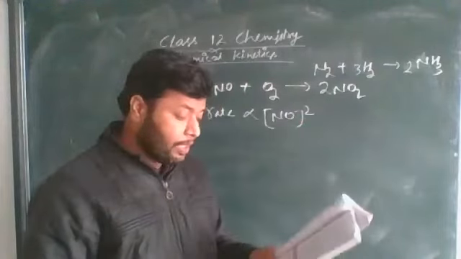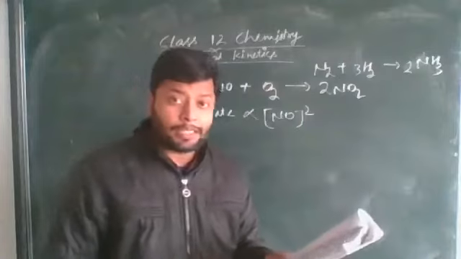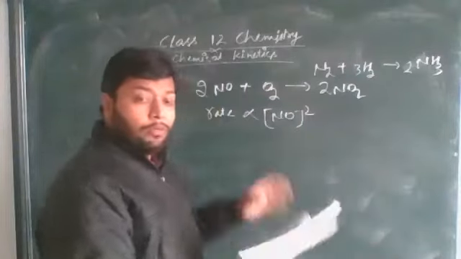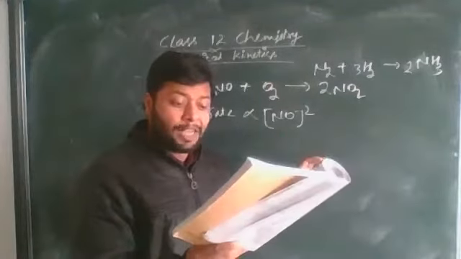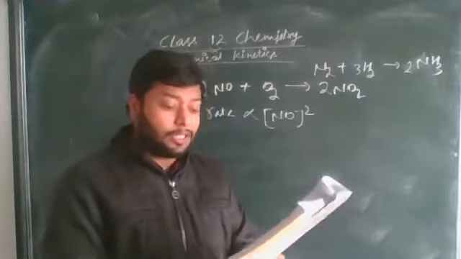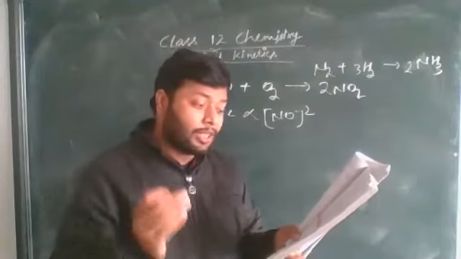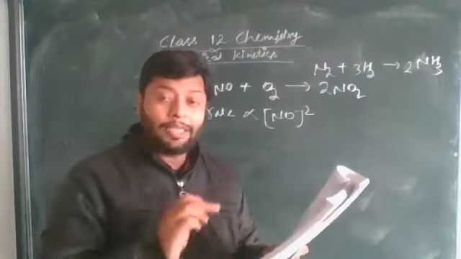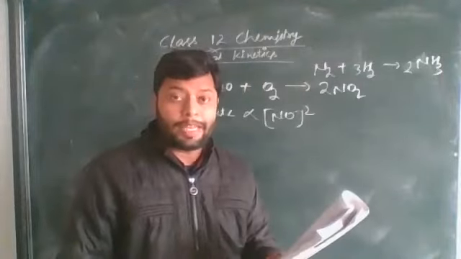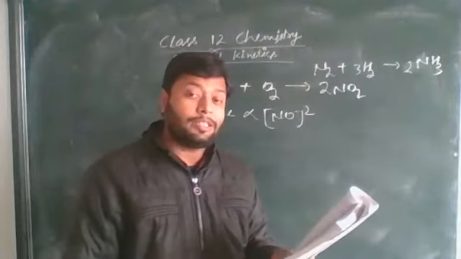Okay, next one. When the concentration of NO is constant, in the case of experiments first and third, you can see that we just double the concentration of O2, and we get only a double value of the rate of formation of NO2.